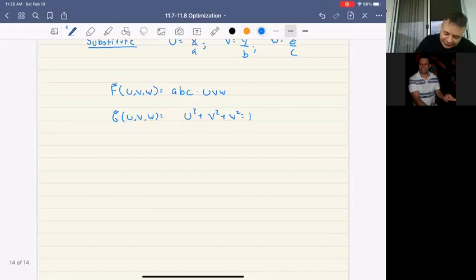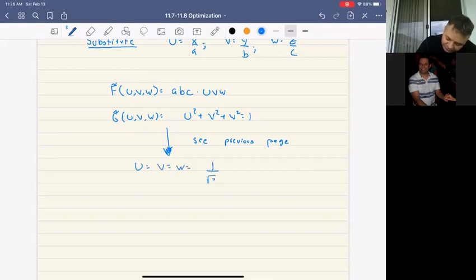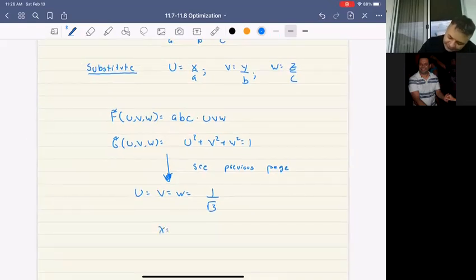Going through all the stuff we just did, u equals v equals w is 1/√3. Okay, so x is going to be what?